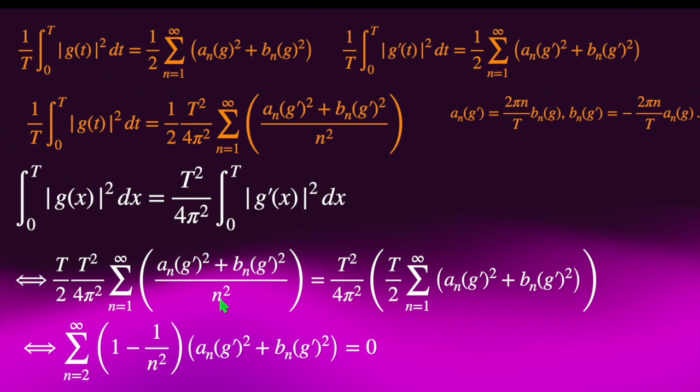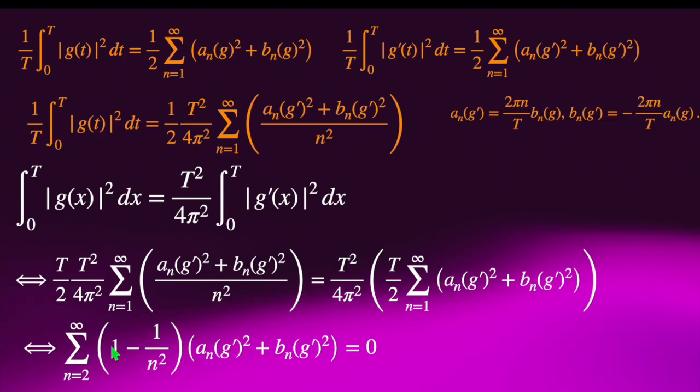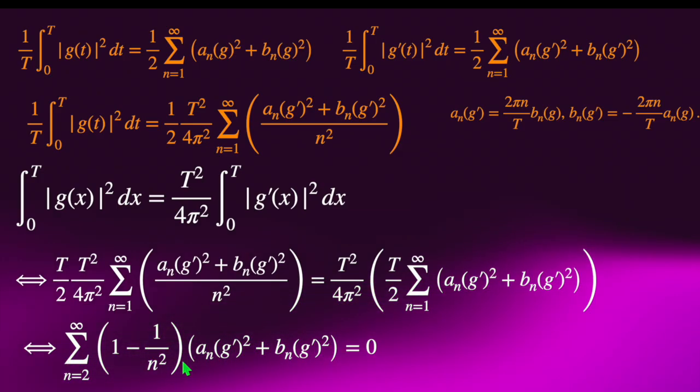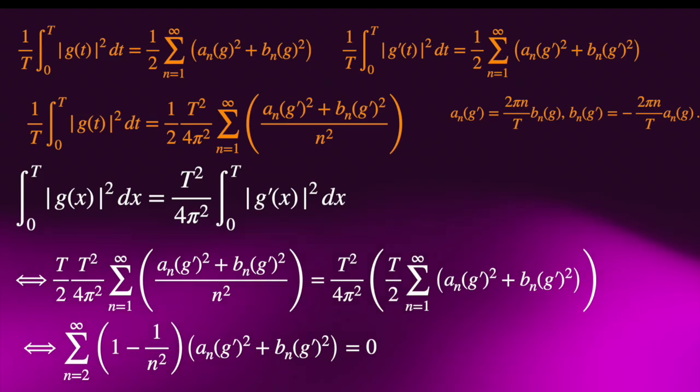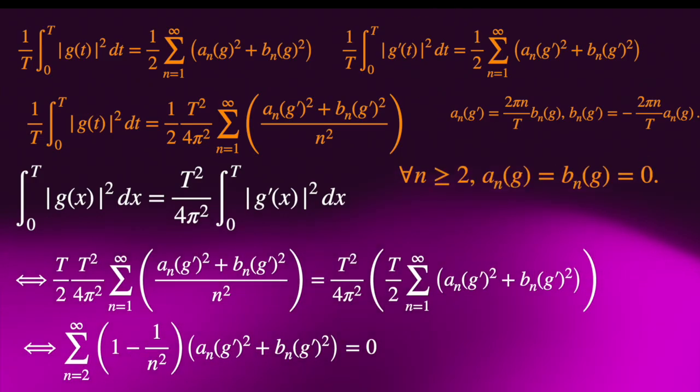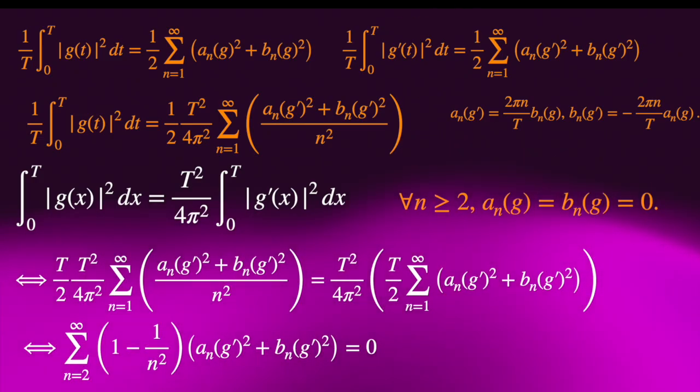For n equal to 1, the two quantities cancel, and we get this relation. But 1 minus 1 over n square is positive, so we get the sum of positive quantities. This means that all these quantities actually vanish, and we have this formula.